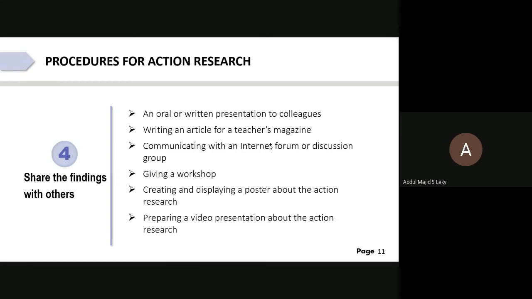For example, an oral or written presentation to colleagues, and then writing an article like what we usually do through our lecturer, and then communicating in an internet forum or discussion group, and then giving a workshop, and then creating and displaying a poster about the action research, and then preparing a video presentation about the action research.